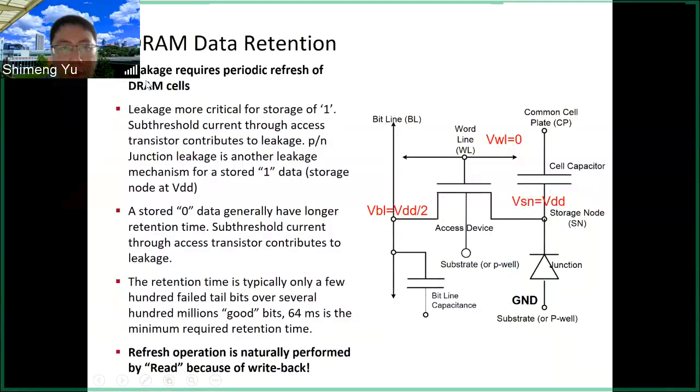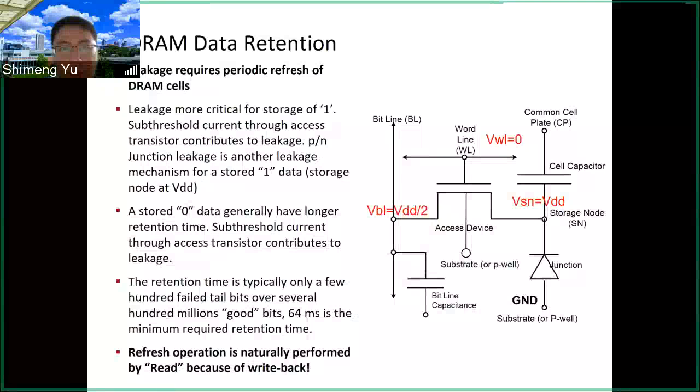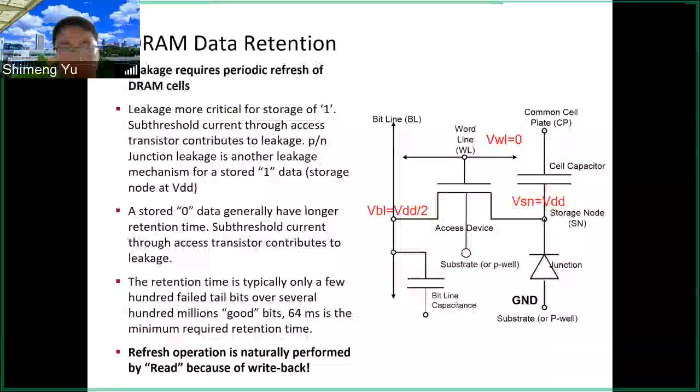Then the voltage you store there will decay over time. For example, if you store 1 in the capacitor, then as the charge decays over time, the voltage decays, and your 1 will gradually become 0. Then you basically lose your data. So this is not good. That means we have to refresh the data once in a while. This is why the DRAM is called DRAM. We need to dynamically refresh the data, because of the leakage of the capacitor.